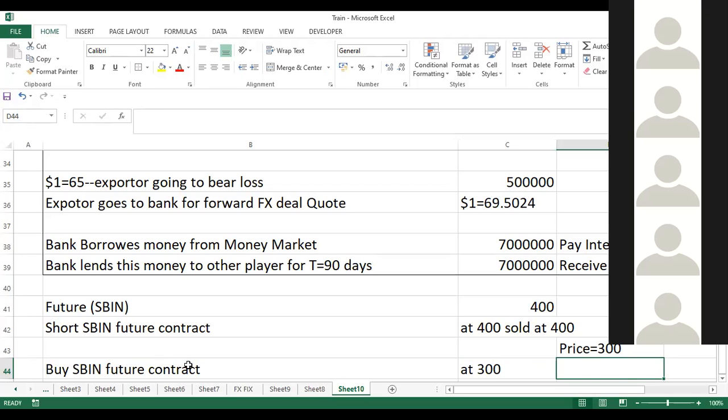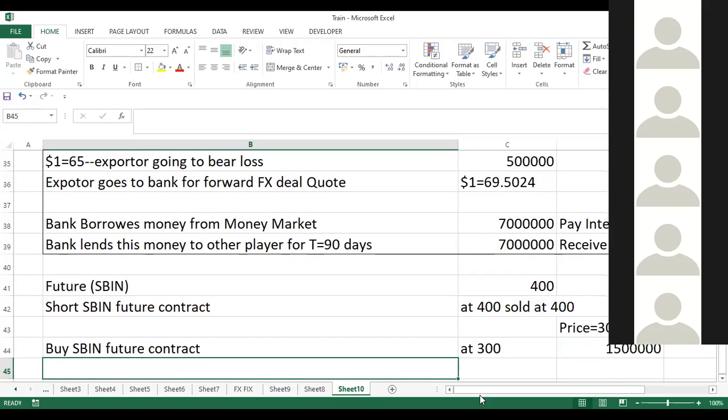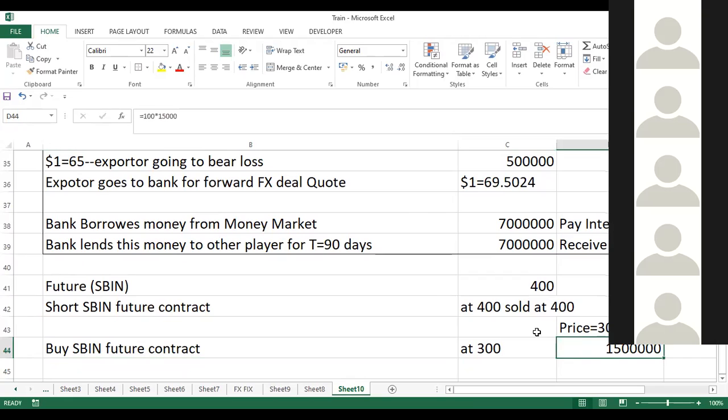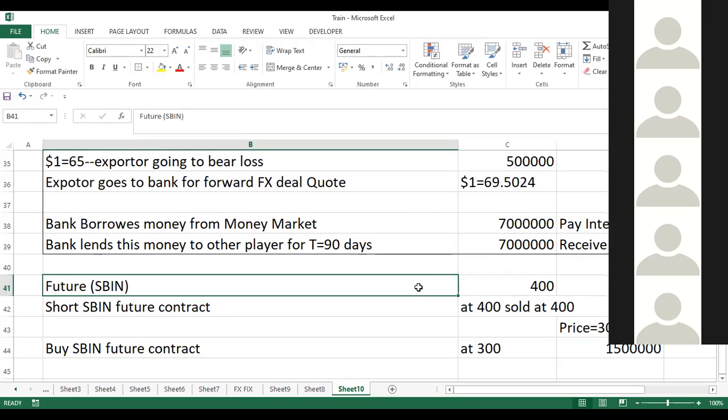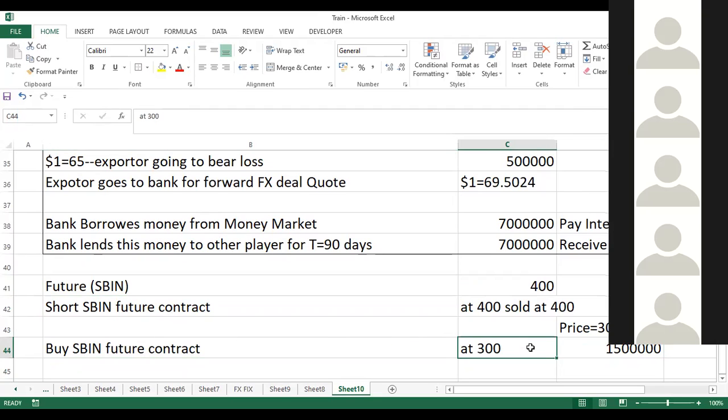So the difference of 100 on 1,500 shares is 1,50,000. On the position that you are holding in the portfolio, you would be incurring a loss of 1,50,000. And on the short futures contract, you are making 1,50,000. So net, you are not making any loss.